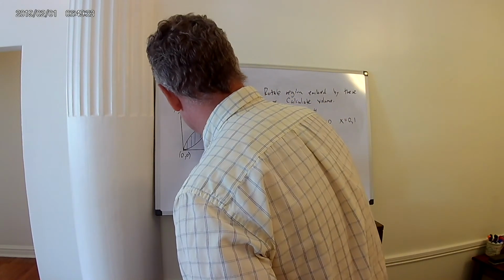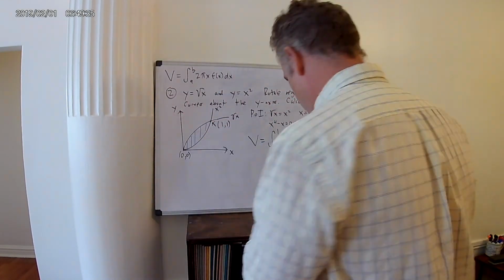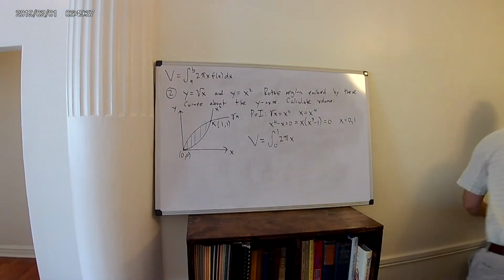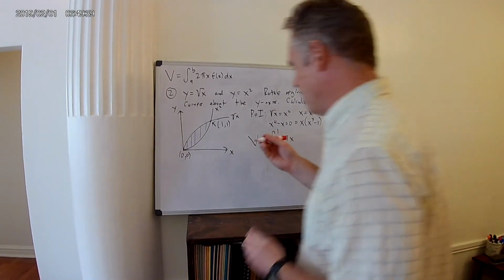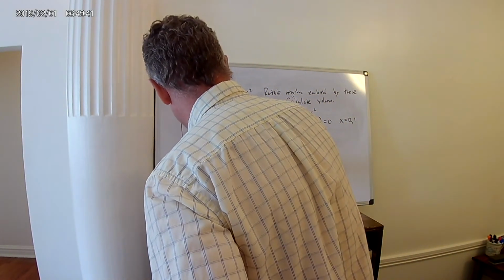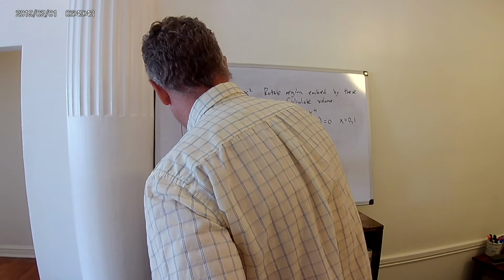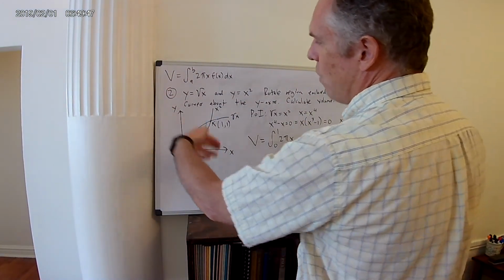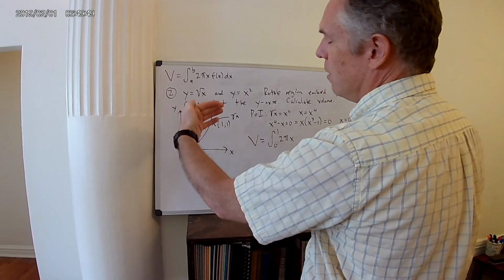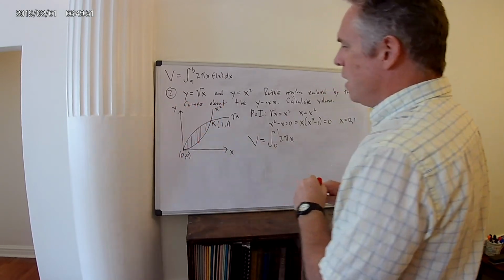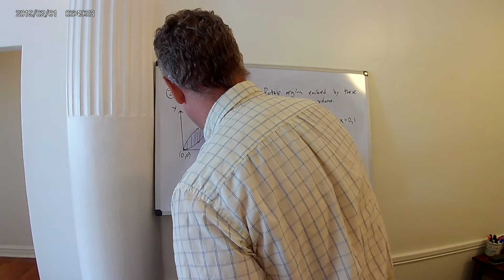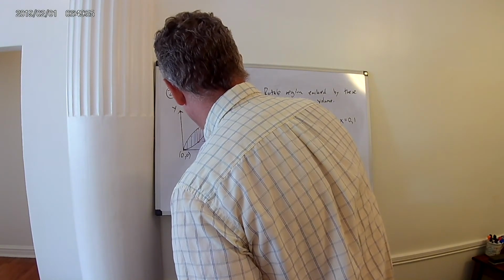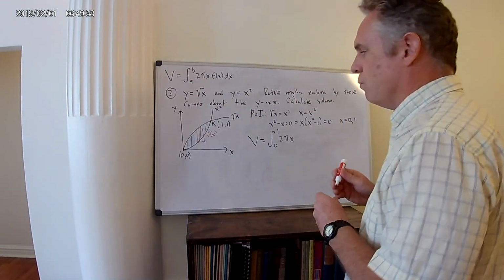We're going to divide this region, let me draw this in red, into rectangles. So here's a typical rectangle here. And we're going to rotate this rectangle about the y-axis, creating a cylindrical shell. Now, what is the height of this rectangle?